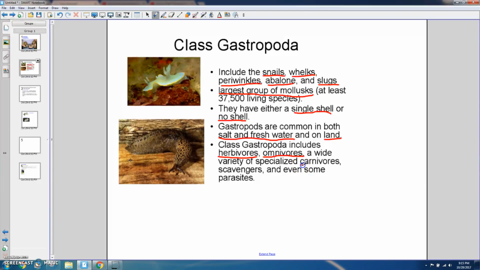And then some of them are specialized carnivores. They eat only other animals. And then we finally also have some that are scavengers. They just eat whatever. And there are some that are parasites. So they have had the ability to exploit all different kinds of ecosystems, as well as trophic levels in a food chain.